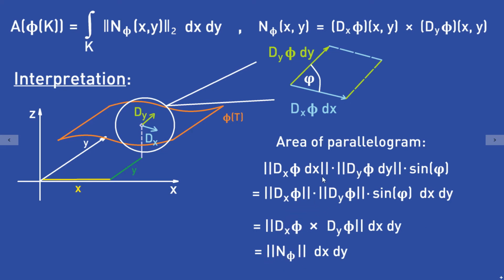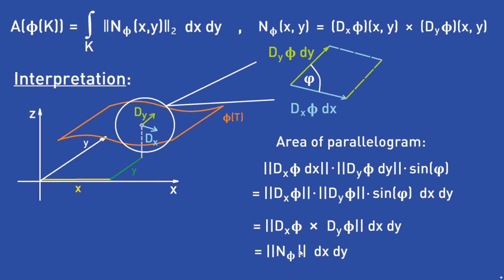So in the end, the area of this extremely small parallelogram is given by the Euclidean norm of the normal vector times dx dy. The last thing we have to do is to summarize continuously over all these extremely small area elements.